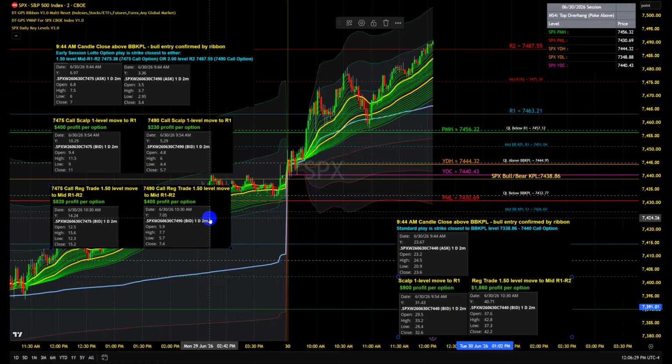The late session lotto option strategy, just to tell you a little bit about it, is from the window starting at 2 p.m. and as far as any entries runs to 3:45 p.m. In that case, you're taking a maximum of 10% of your accumulated profits for the session to consider for any late session lotto option play.